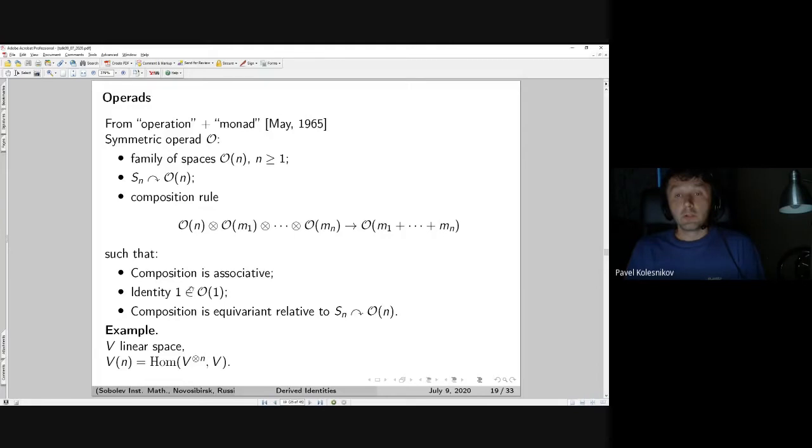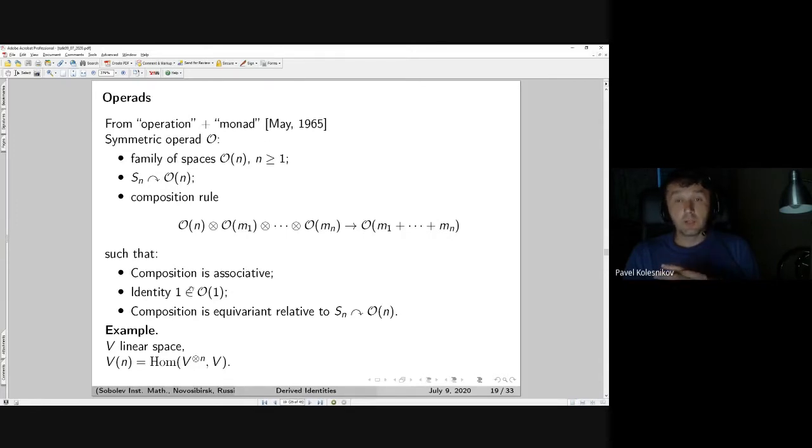But in order to answer the question in general, how to deal with an arbitrary variety, we have to use the language of operads. Let me very briefly explain in a sketched form what an operad is and what we can do with it. The term operad comes from operation and monad.